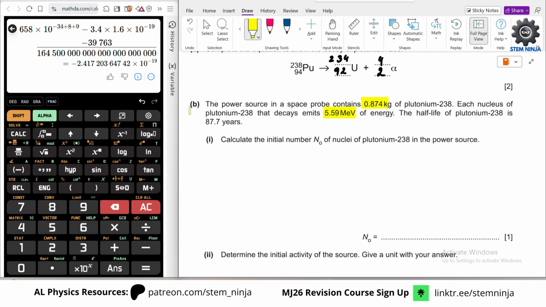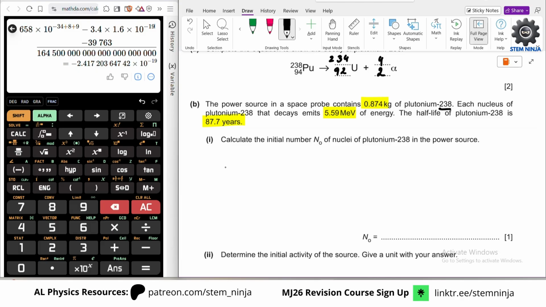The half-life of plutonium-238 is 87.7 years. Calculate the initial number N0 of nuclei of plutonium-238 in the power source. One method is by using Avogadro's number, the other is using 238 and the mass of proton numbers.